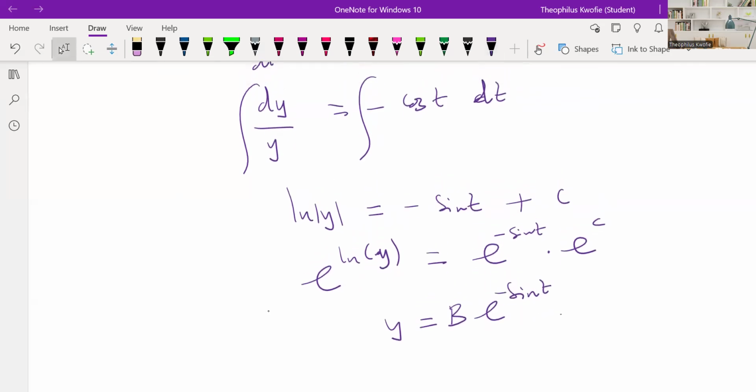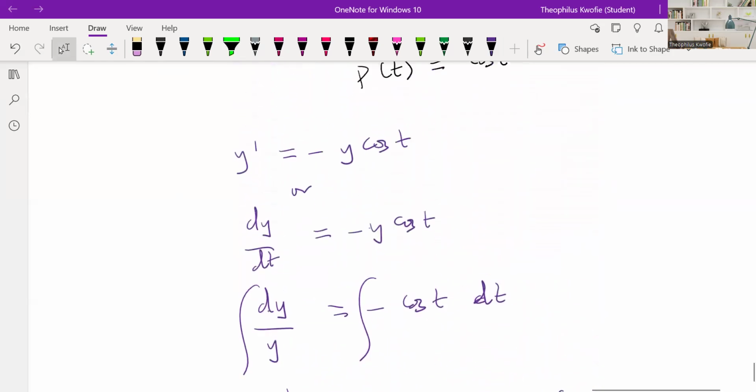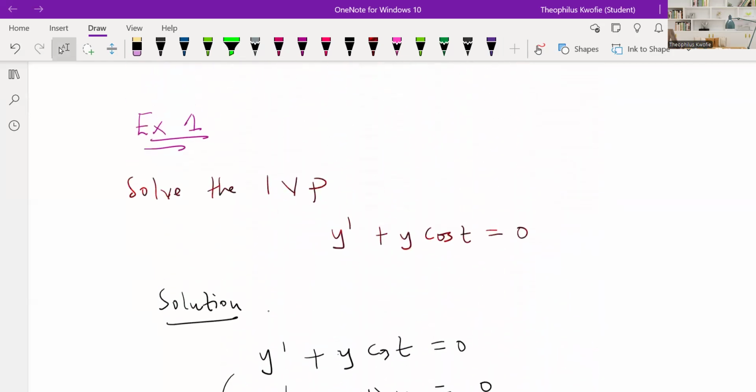So that's the result. So suppose that the question went further to say that such a problem is subject to maybe a constraint, like maybe y of 0 is equal to half.